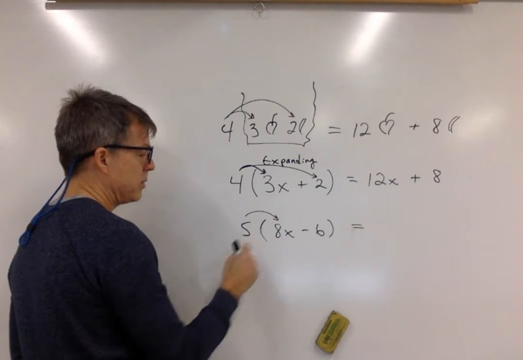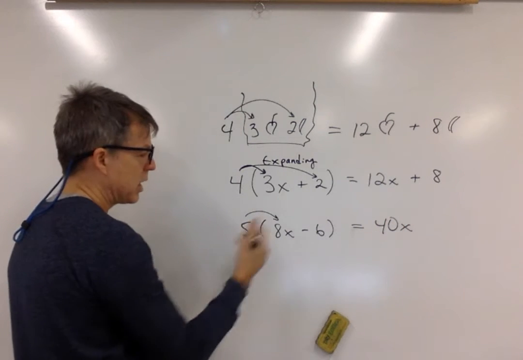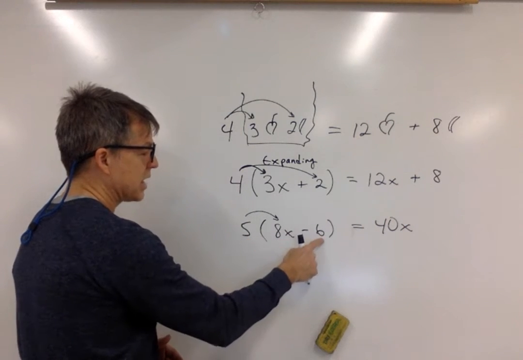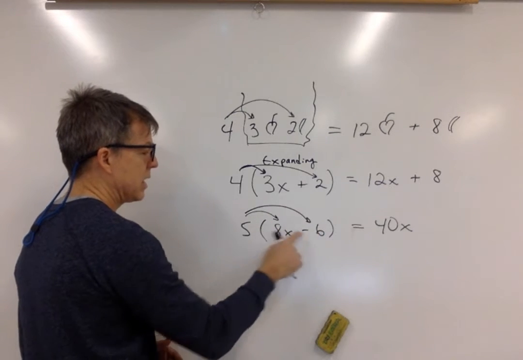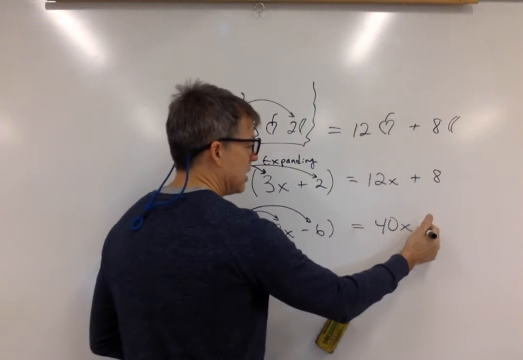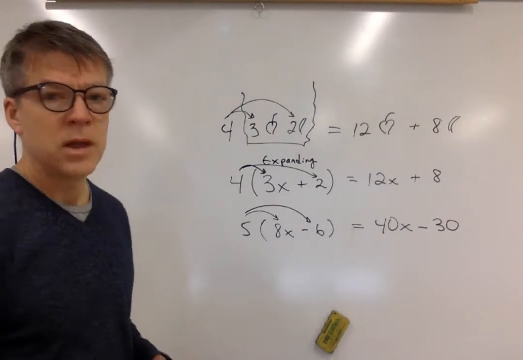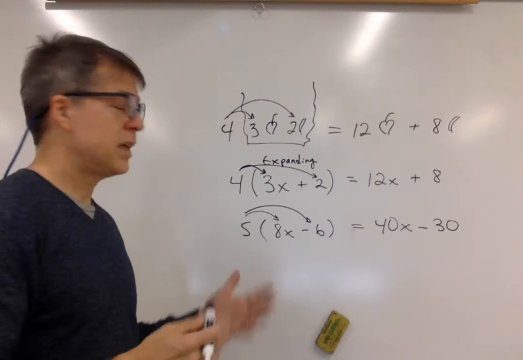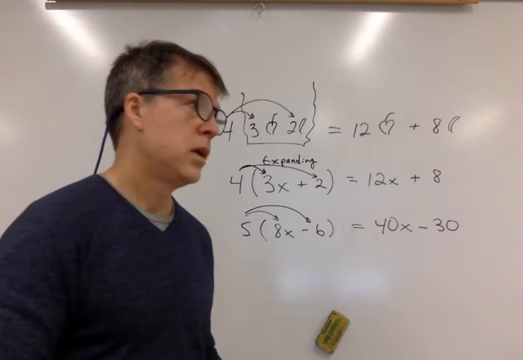You're going to have 5 times 8x, 40x. And then just be careful here. Don't think of this as a 6. Think of it with a sign in front. It's a negative 6. So 5 times a negative 6 is, watch this, negative 30. Just like that. Okay? Yeah, I think that's all for expanding. That's as complicated as it's going to get in our class.